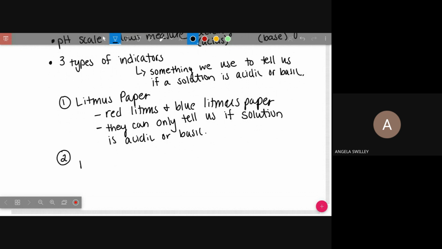The second type of indicator is pH paper. This is a light tan or light yellow color.